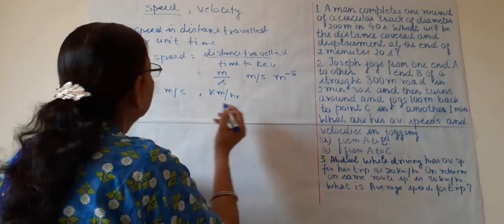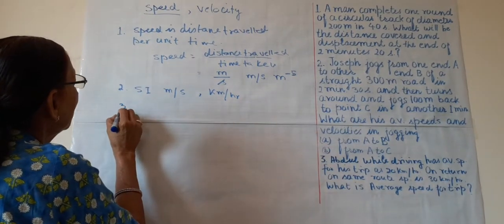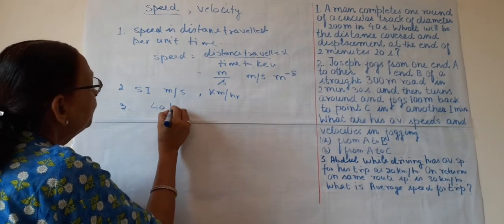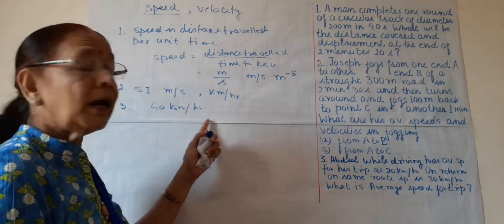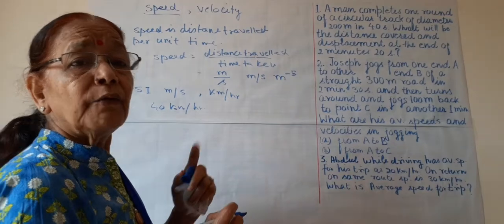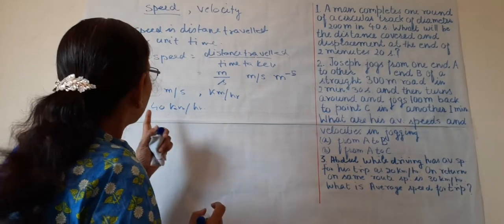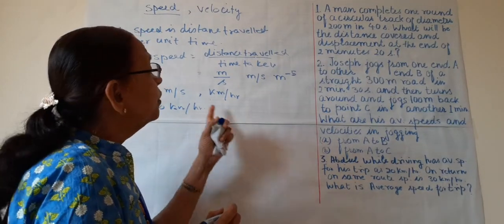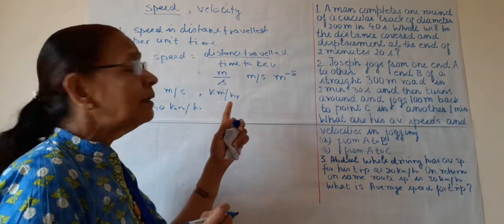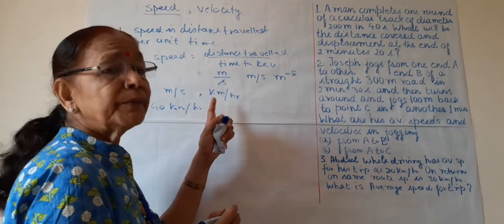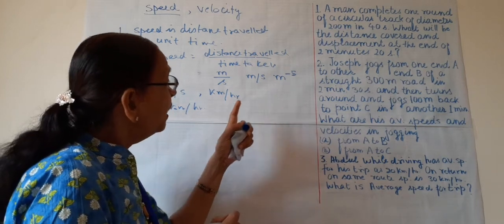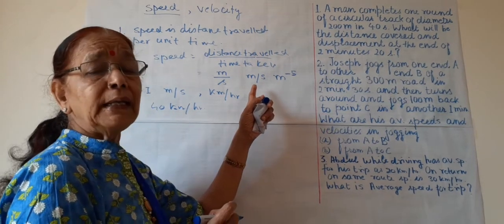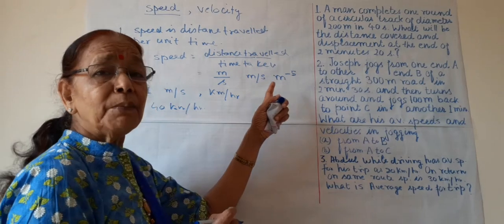Suppose a car is traveling at the speed of 40 kilometers per hour. In 1 hour, the car is going 40 kilometers. So in most of the numericals, the speed is given in kilometers per hour, but we have to put our answer in SI unit, meter per second.